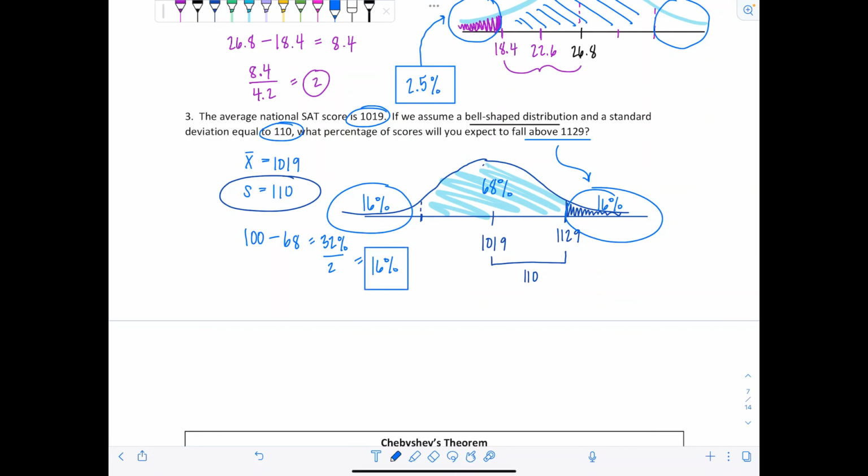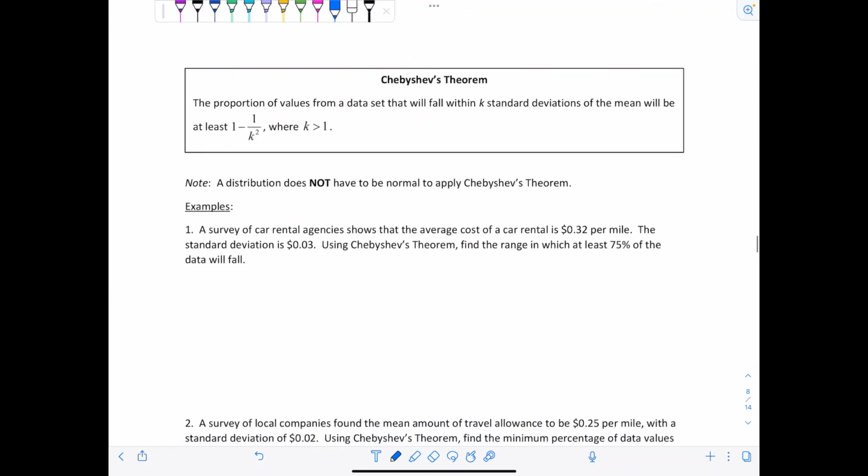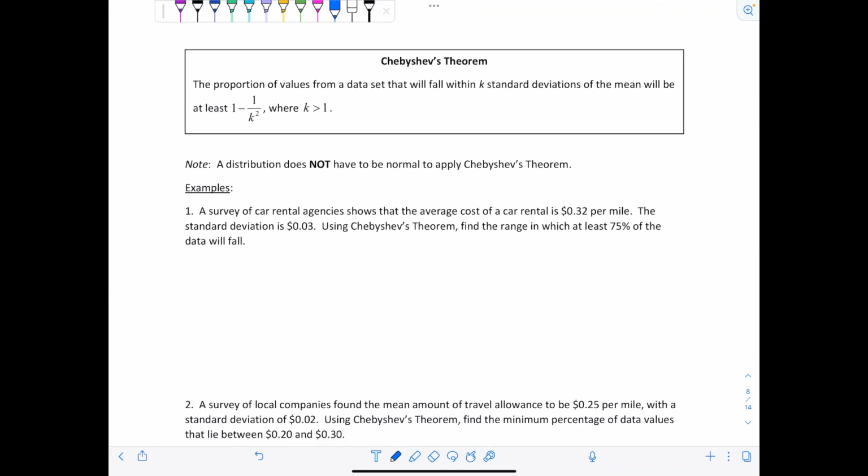Okay, good. Now you might be thinking, well, what do we do when the data is not normally distributed? Well, we have Chebyshev's theorem to give us another way to approximate how much data is within a certain number of standard deviations. Chebyshev's theorem tells us the proportion of values from a data set that will fall within k standard deviations of the mean will be at least 1 minus 1 over k squared, where k is greater than 1.